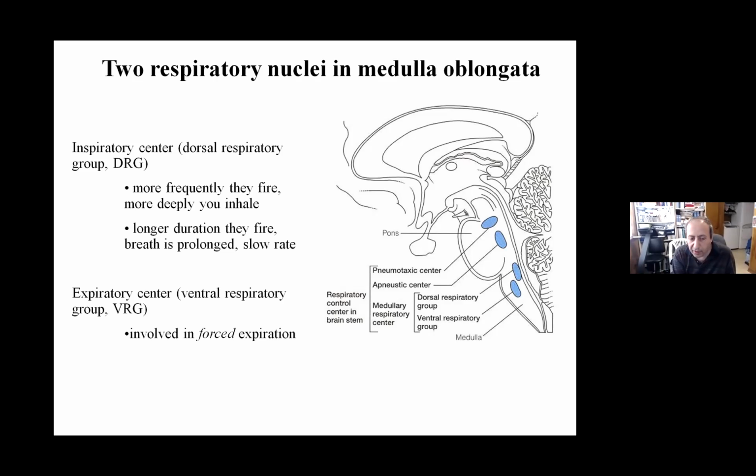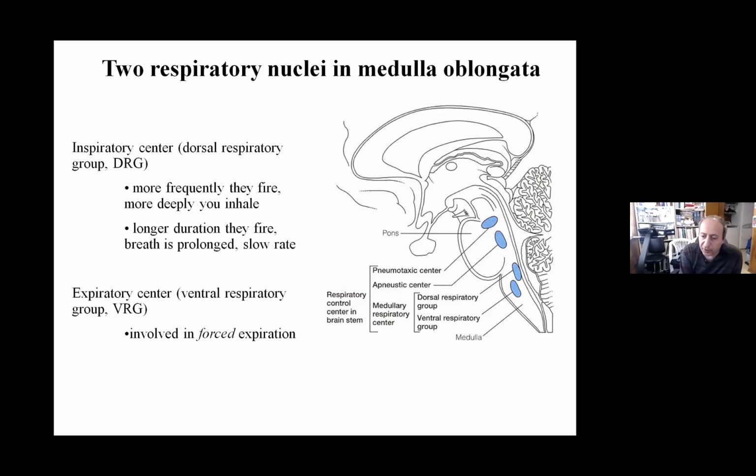Now the expiratory center is located in the ventral respiratory group. The main point here is that these two are antagonistic. One is for inspiration, the dorsal respiratory group, and the ventral group is for expiration.